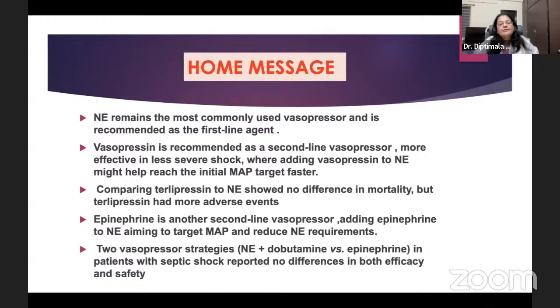Epinephrine is another second-line vasopressor. Adding epinephrine to norepinephrine aims to target mean arterial pressure and again to reduce the requirement of norepinephrine. So, two vasopressor strategies, norepinephrine plus dobutamine versus epinephrine in patients with septic shock, have reported no difference in both efficacy and safety.